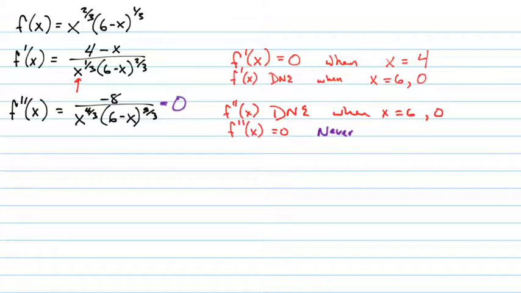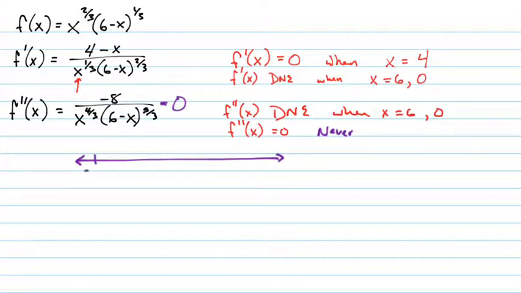All right, so what we want to look at now is what's happening in between those. We've got some critical points, 0, 4, and 6, so let's set up our intervals. I really like how the book does it. I'm going to use kind of a number line approach, but break it down in a table like the book does.